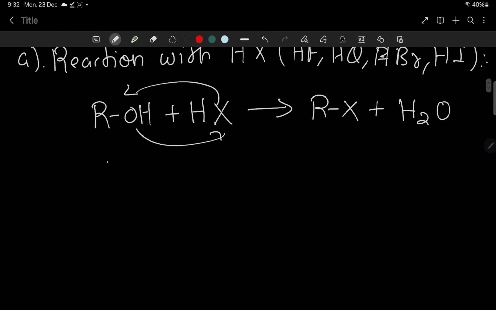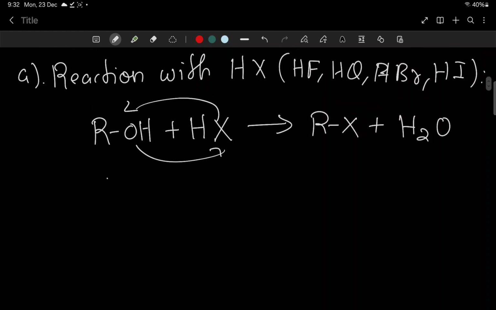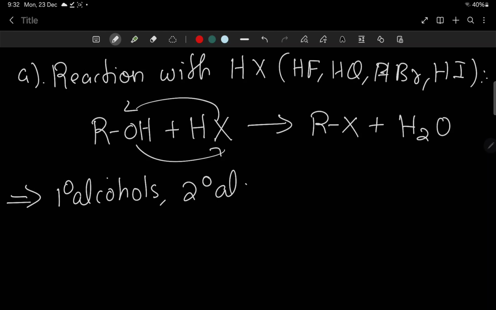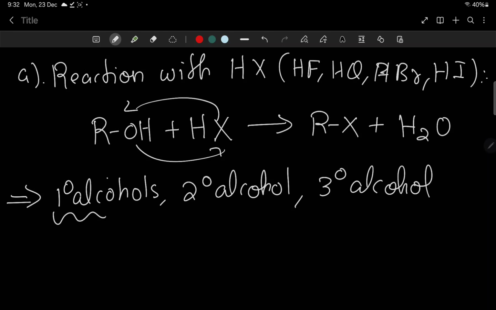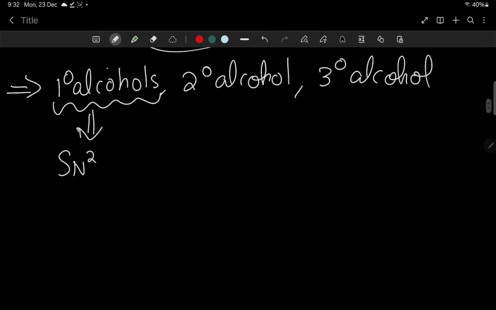Why is it special? Because there are primary alcohols, secondary alcohols and tertiary alcohols. For the reaction with HX, primary alcohol undergoes this reaction with SN2 mechanism. Okay, SN2 mechanism.